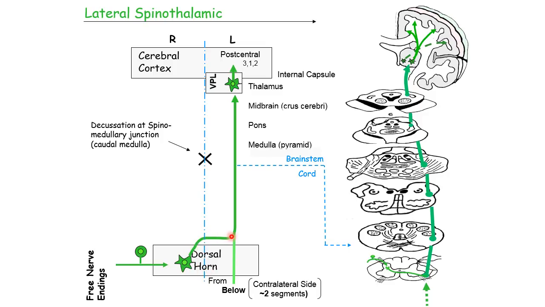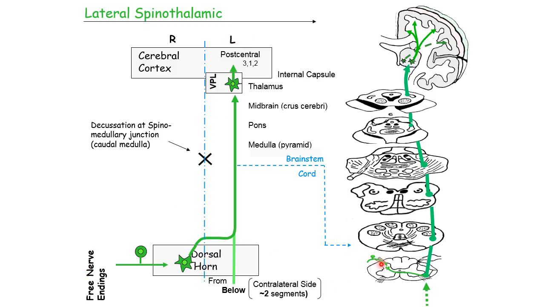And then on the other side, it will stay in a lateral position, that is now contralateral, and it will travel all the way up in a lateral position until it gets to the thalamus, ventral posterior lateral nucleus of the thalamus. From there, it will travel through the internal capsule to synapse in the postcentral gyrus, again, in areas 3, 1, and 2 on the contralateral side from its origin.